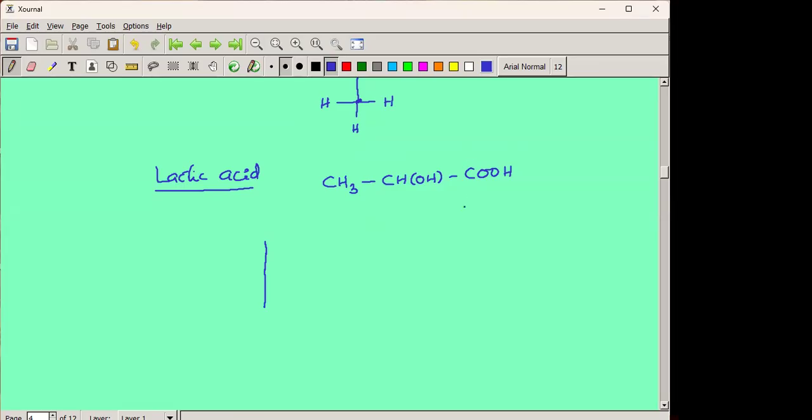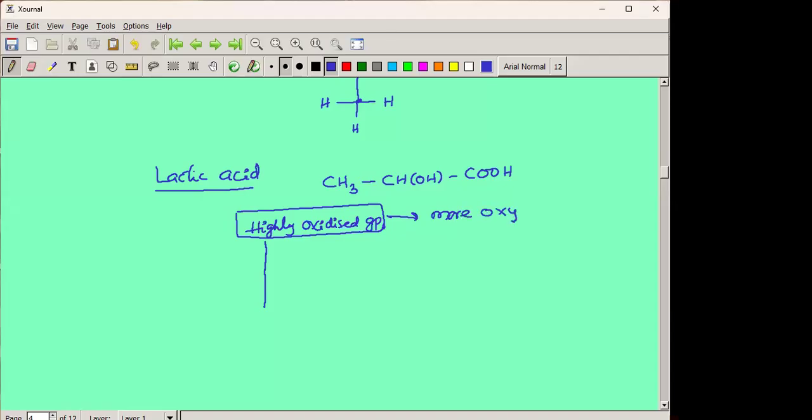The highly oxidized group will be represented on top, the group which contains more oxygen atoms.